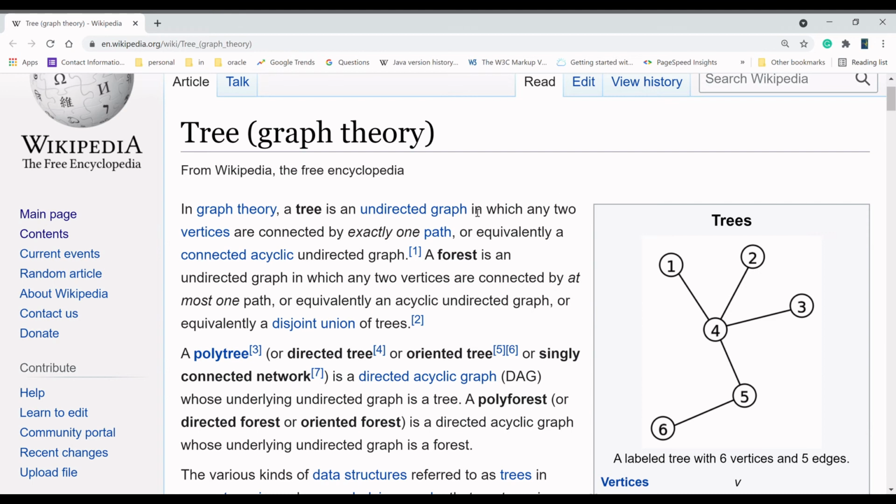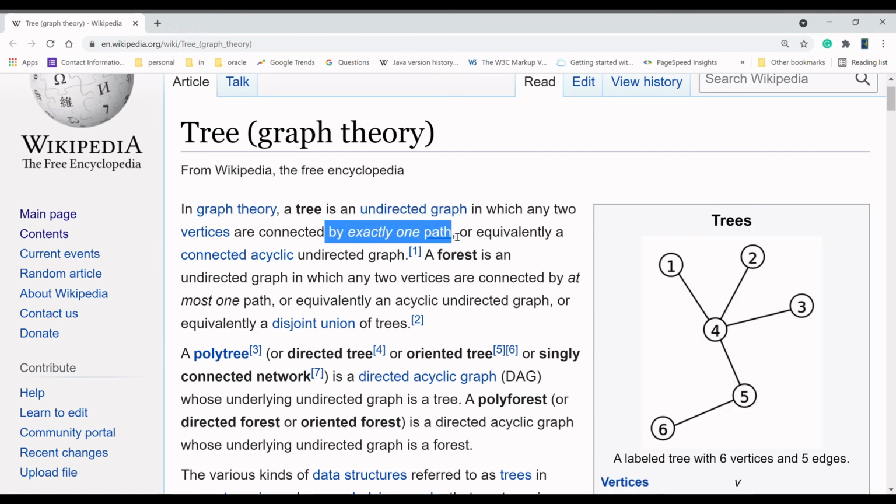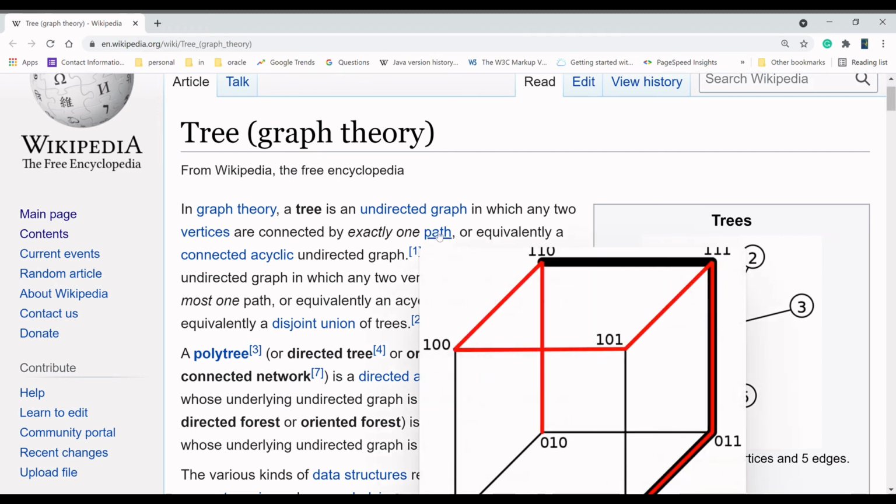A tree is an undirected graph in which any two vertices are connected by exactly one path. What is a path? Like the red line here: 100 is connected to 110, and 110 is connected to 100.